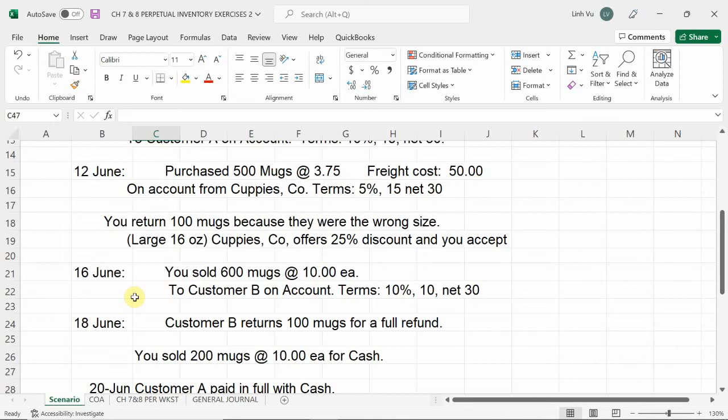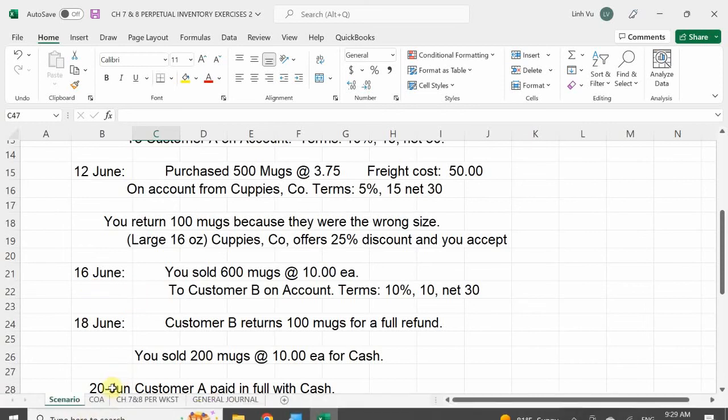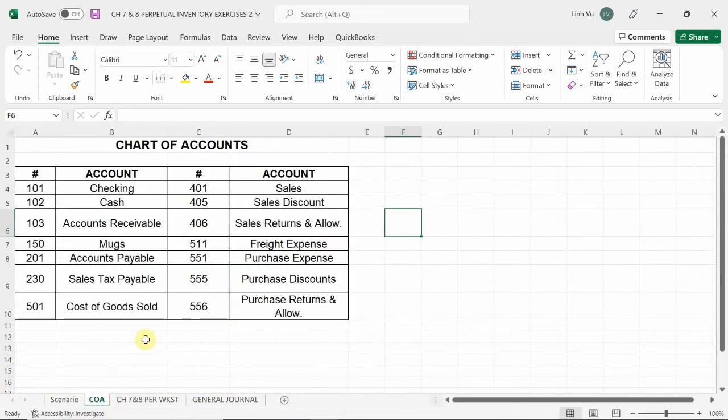Can I see the chart of accounts? Would it be sales discount? We never sold to our vendor. Purchase discount? In this case, we're using perpetual inventory.